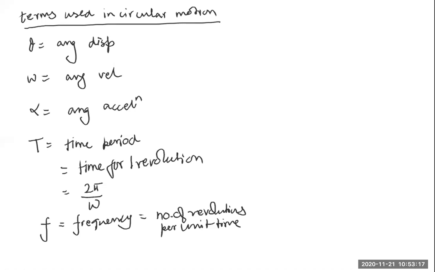Time period is the time for one revolution, and frequency is number of revolutions per unit time. So F is equal to 1 upon T, or it is equal to omega by 2 pi, or we can say that omega is equal to 2 pi F.